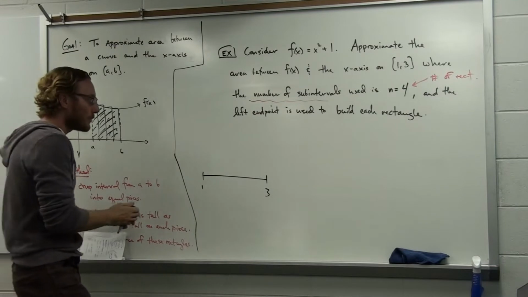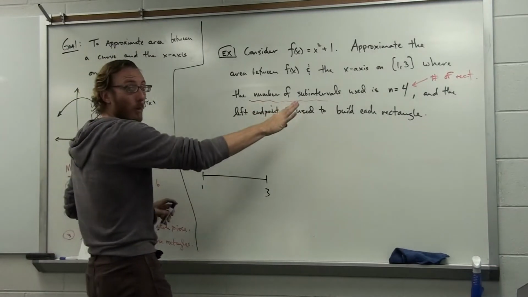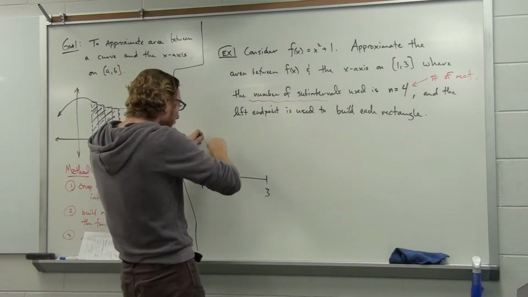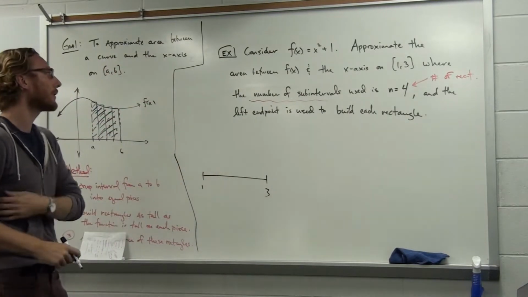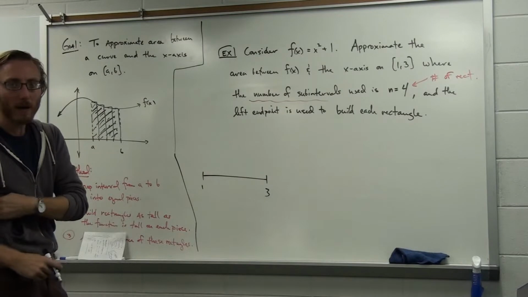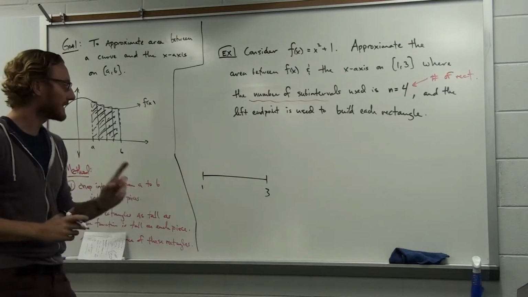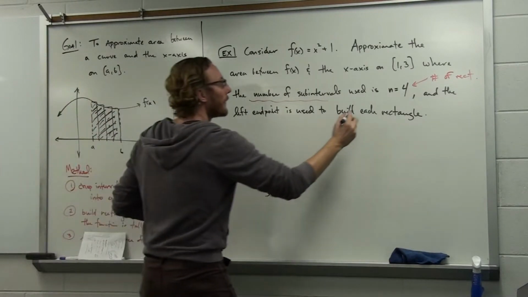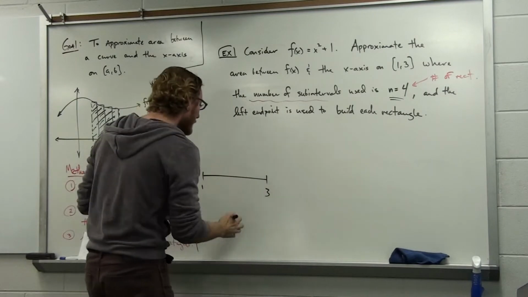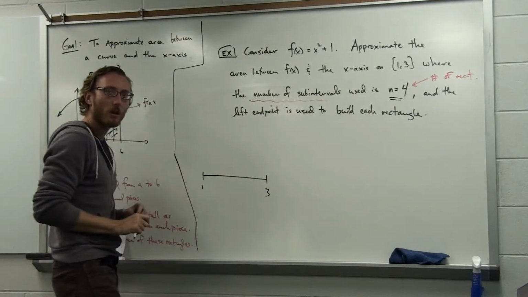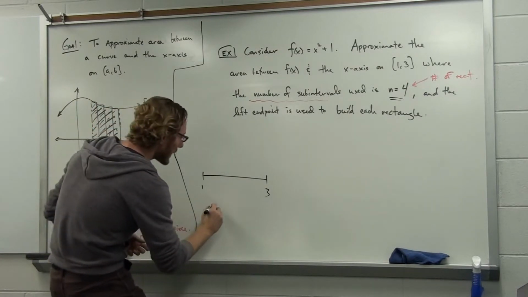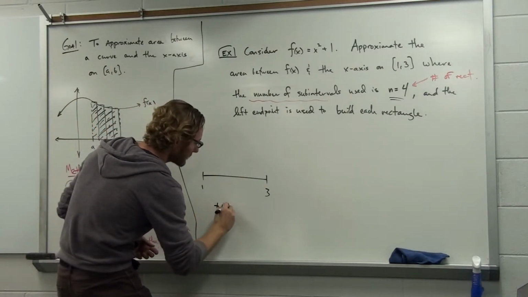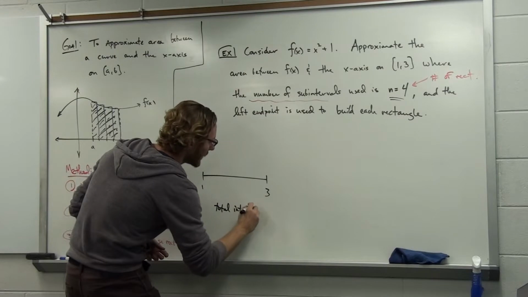We are trying to build up rectangles, 4 in total, that are going to accurately assess the area under the curve. Now, how many rectangles? 4. Let's deal with that first. We have 4 rectangles, so we need to figure out how wide each rectangle needs to be. Figure out the total interval width.